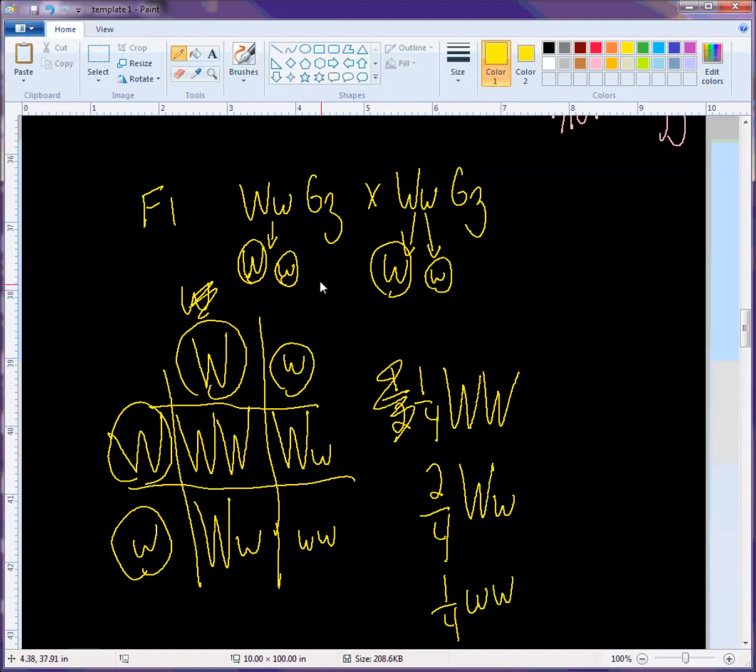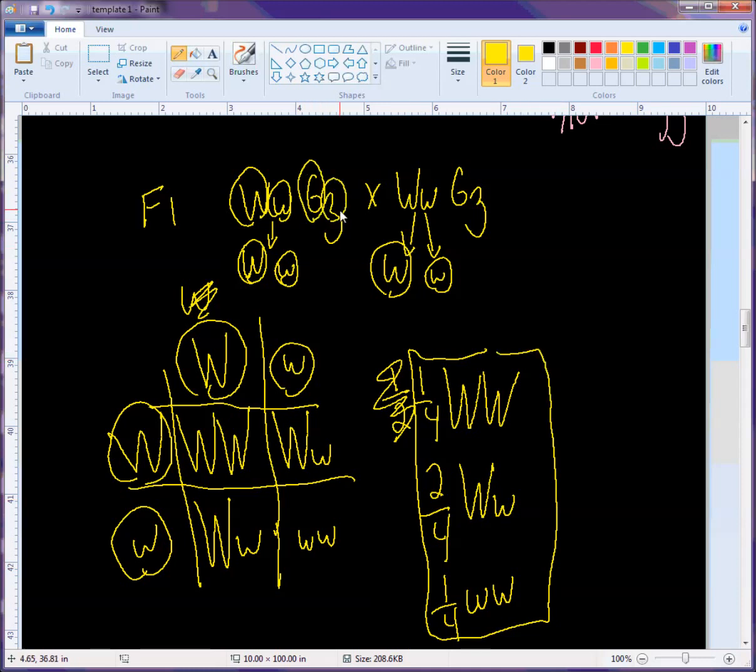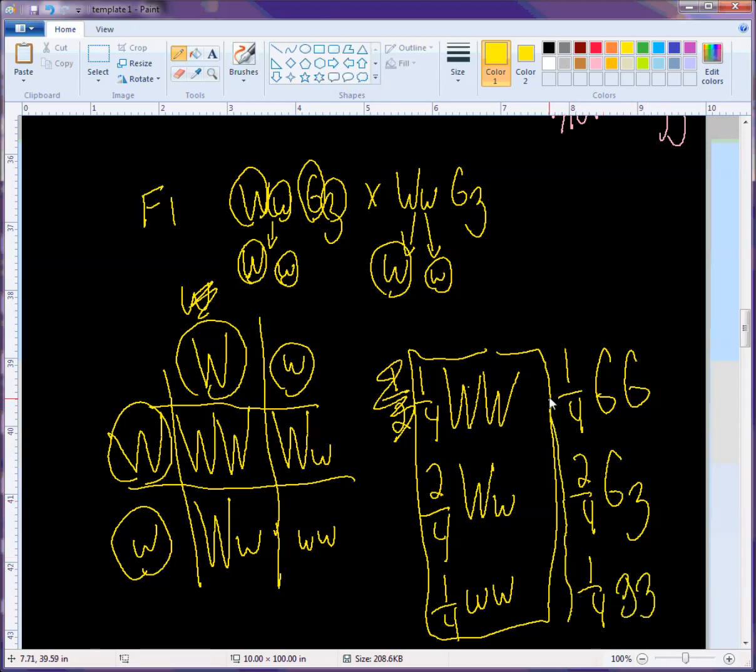And you can see that because we're using a big W and a little w, and we're getting this ratio, since we're using a big G and a little g, we're just going to get the same ratio. So if we did that same method for G, we'd have 1/4 big G, 2/4 big G, little g, 1/4 two little g's. Okay, so we have these ratios.